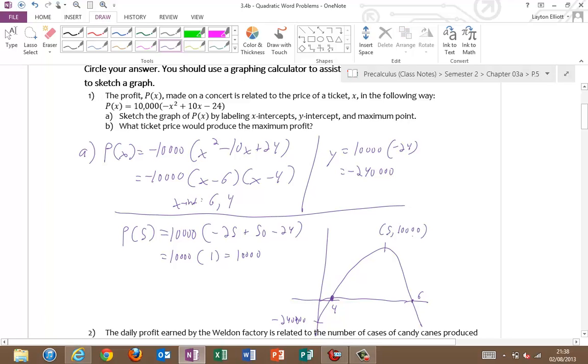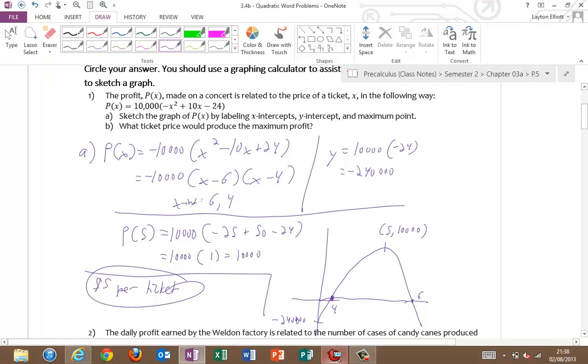Knowing what my variables are, x is the price of a ticket, and p, in other words y, is the profit. It asks what ticket price would produce the maximum profit: $5 per ticket, because that's the maximum of the parabola.